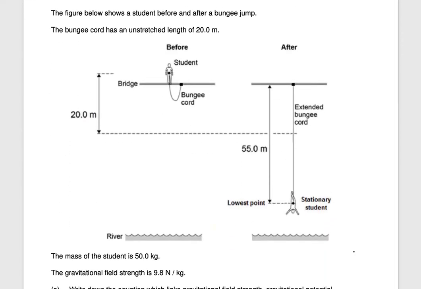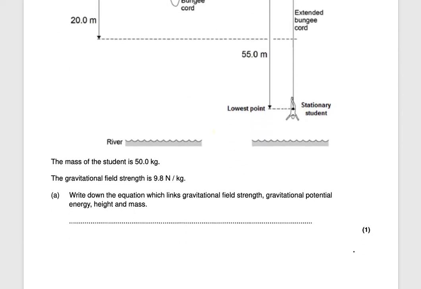Next question. The figure below shows a student before and after a bungee jump. The bungee cord has an unstretched length of 20 meters. The mass of the student is 50 kilograms. The gravitational field strength is 9.8 newtons per kg. Write down the equation which links gravitational field strength, gravitational potential energy, height and mass. So nice and easy equation to remember.